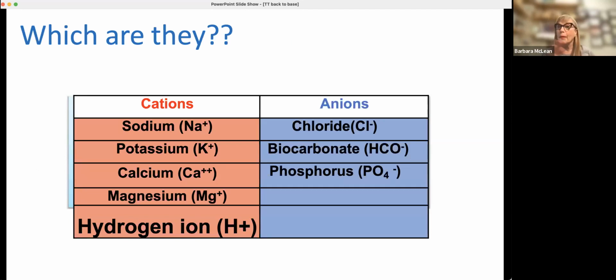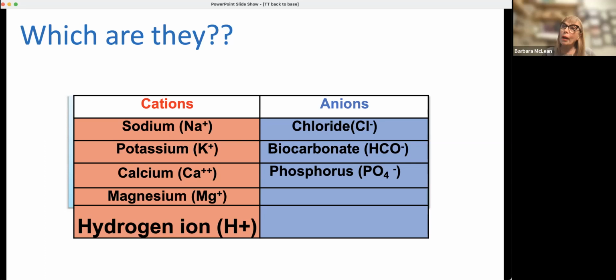So if we just think about our basic ions, the ones with the positive charge and the ones with anions, the ones with the negative charge. This is not a complete list, but these are the ones that we talk about most commonly in our critical care practice. We talk about sodium, positive charge, potassium, positive charge, calcium, double positive charge, magnesium, positive charge.